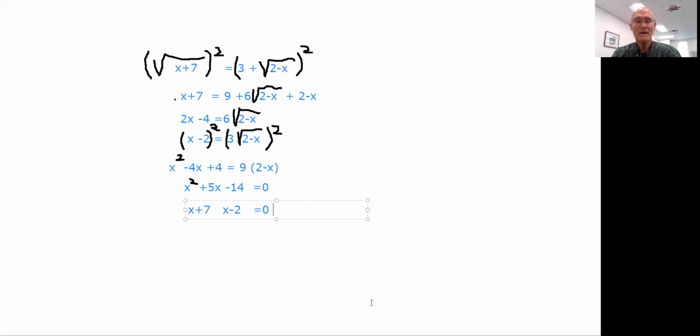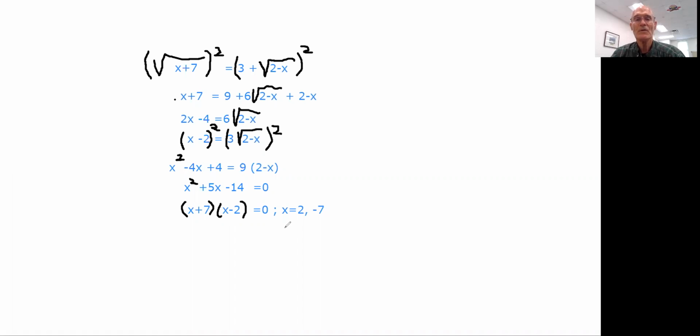So that gives me x equals 2 and minus 7. So I come back up here, put my parentheses around the x plus 7, and put my parentheses around the x minus 2.